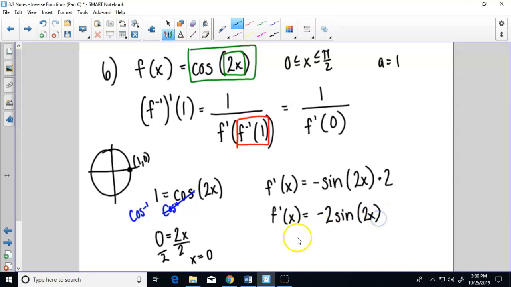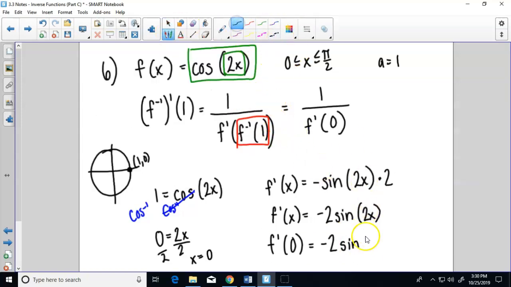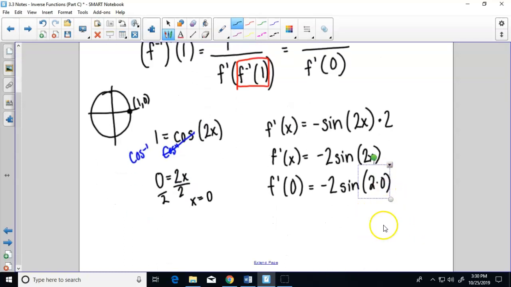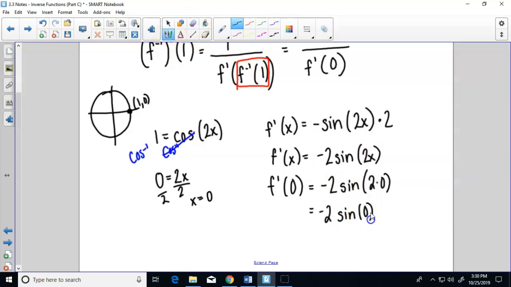And we are interested in f prime of 0. So that would be negative 2 sine of 2 times 0. And that will give us negative 2 sine of 0.